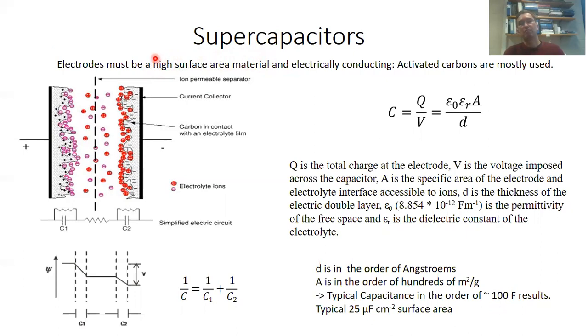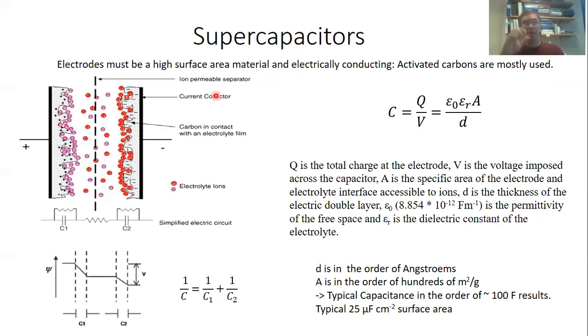And most supercapacitors are using high surface area carbon materials, for example, activated carbons. And then that high surface area activated carbon is in contact with an electrolyte that contains the ions.